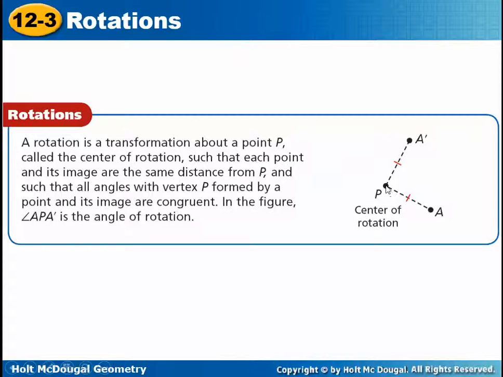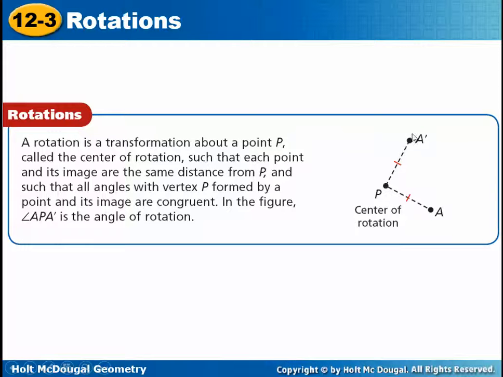So a rotation about point P, called the center of rotation, such that each point, remember A would be the pre-image, is rotated by this angle. That's a rotation here. So this point A has been rotated up to A prime by whatever angle they tell you. It looks like it's about a 90-degree angle.